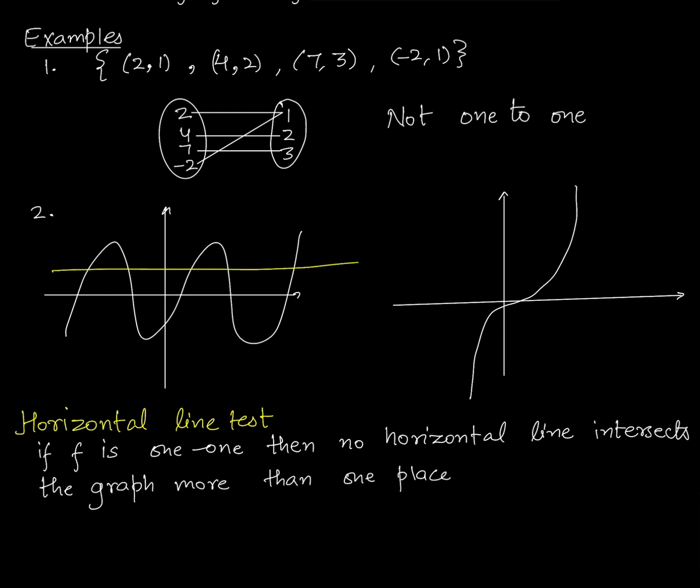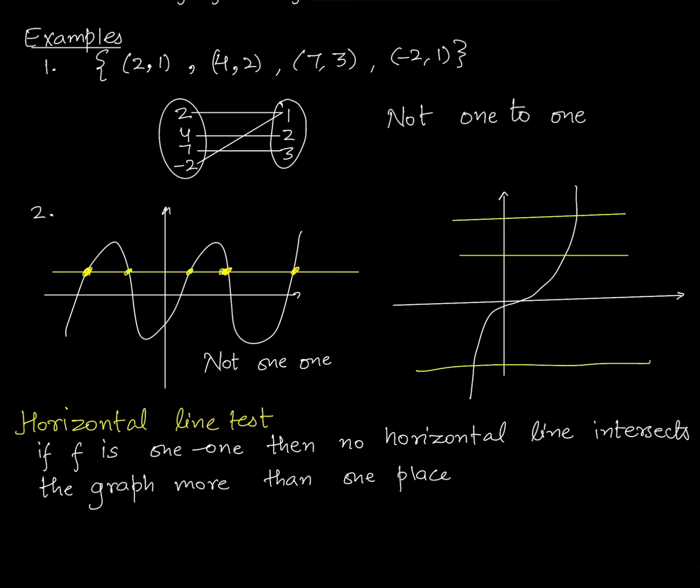So if I draw horizontal line, the horizontal line is intersecting more than once, which means this is not 1-1. In the second case, you draw horizontal line anywhere, it's not going to intersect more than once. So this case is 1-1 function.